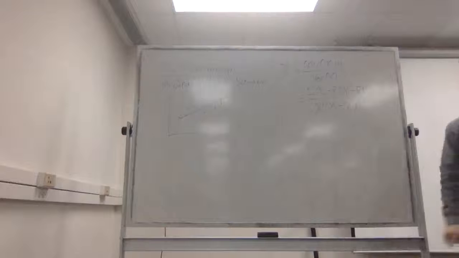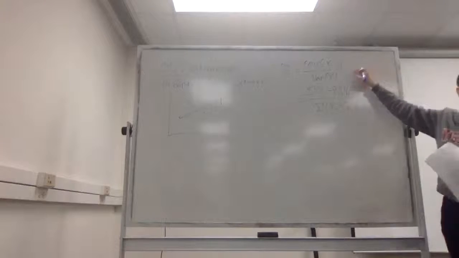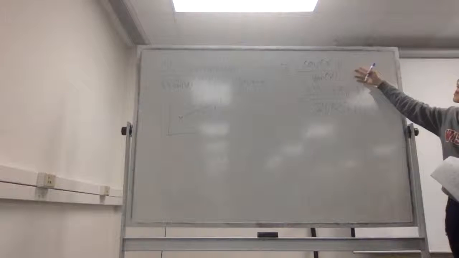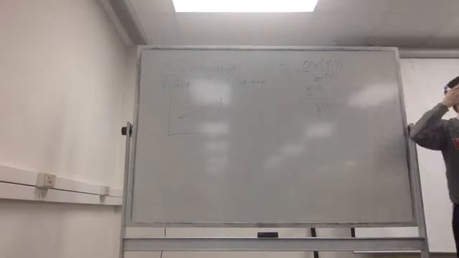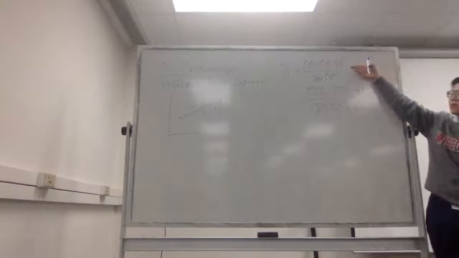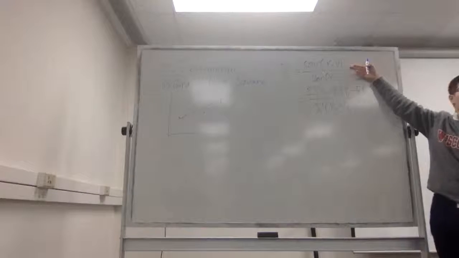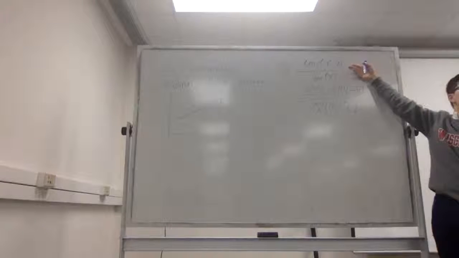I'll explain what is going on with that. Beta 1 is primarily the strength of covariance, correlation, basically.